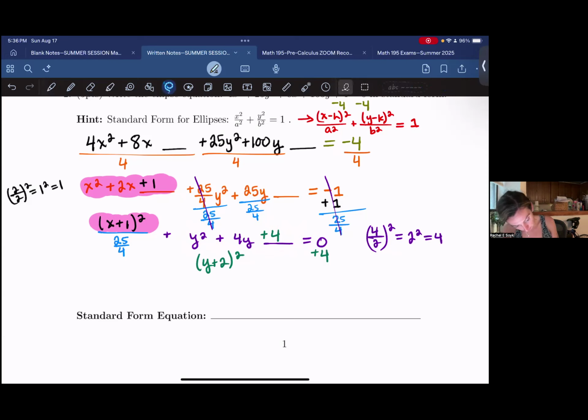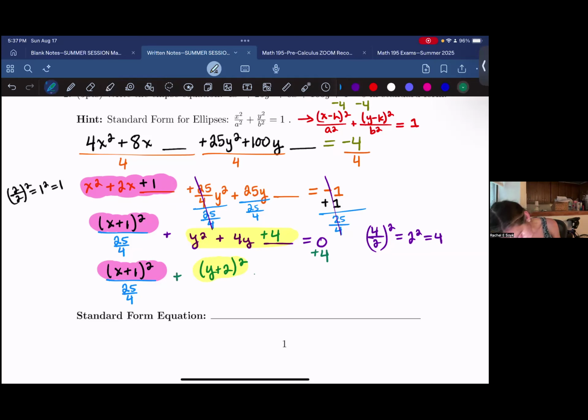And then we can just copy and paste the x down here. I'm going to highlight this part in yellow so you can see that we just factored that quadratic into a binomial squared. And this is equal to 4.